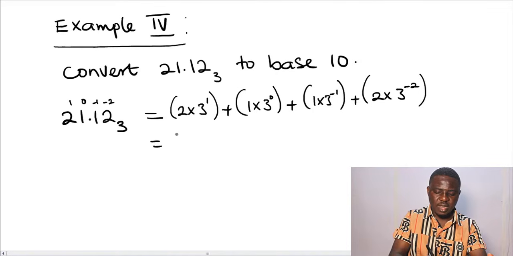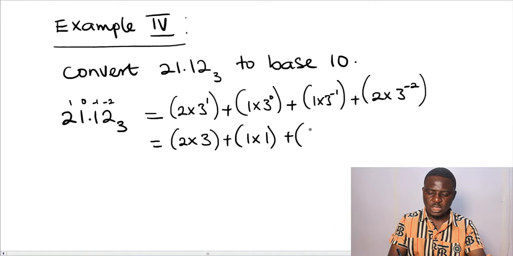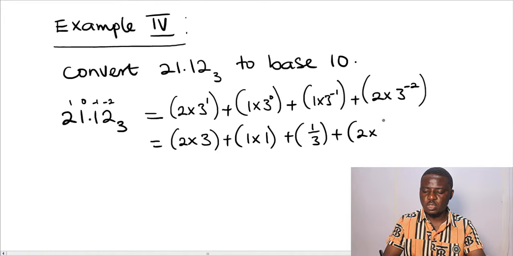Let's simplify. This becomes 2 times 3 raised to power 1 is 3 plus 1 times 3 raised to power 0 is 1 plus 1 times 3 raised to power minus 1 is said to be 1 over 3 plus 2 times 3 raised to the power of minus 2 is said to be 1 over 3 squared, and 3 squared is said to be 9.